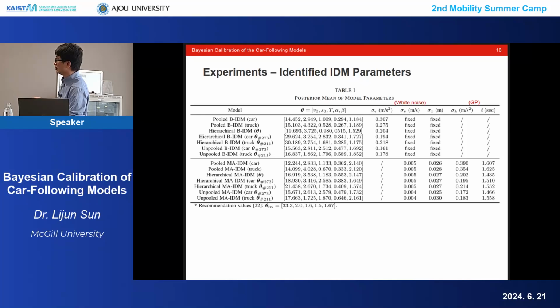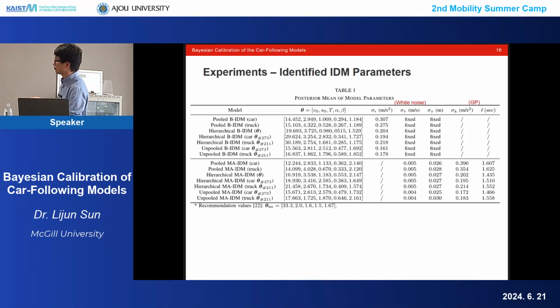And what we can get in the end is these two sets of results I calibrated for Bayesian IDM with independent error assumption and Bayesian IDM with Gaussian process error assumption.